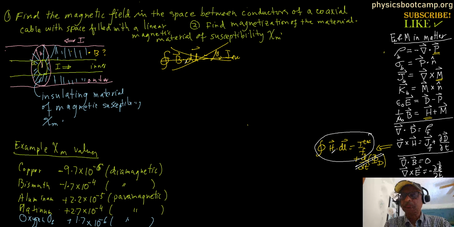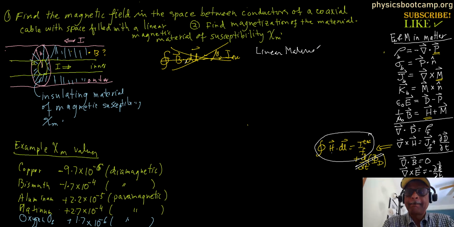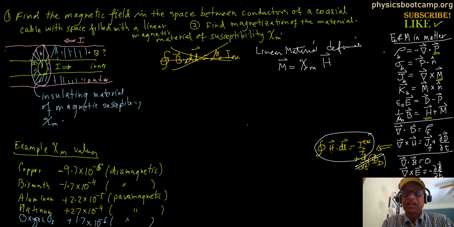So we find H. Once we find H, we can't find B unless we have M. It turns out in a linear material, M equals chi M times H. If chi M is positive, magnetization is in the same direction; if chi M is negative, magnetization is in the opposite direction.